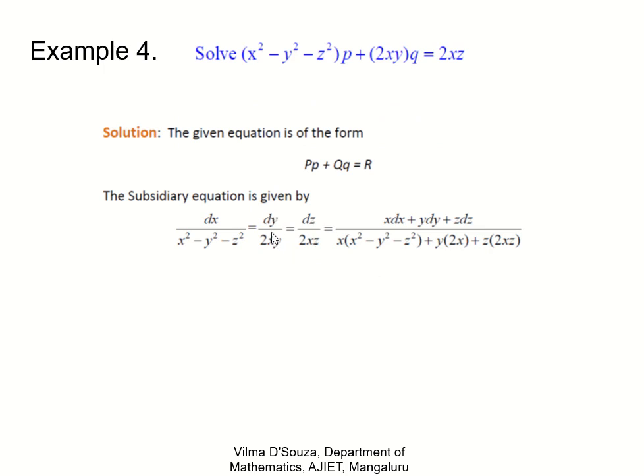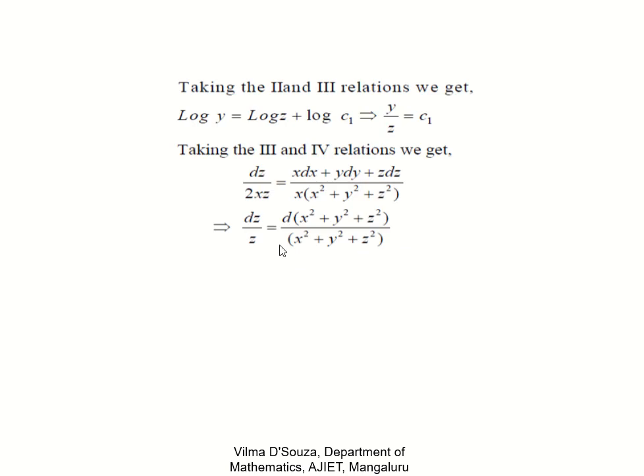Upon integration, dy/y = dz/z. What is the integration of 1/y dy? It is log y, equal to the integration of 1/z dz, which is log z plus a constant, say log c1.